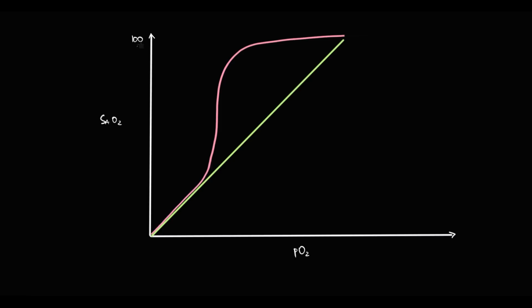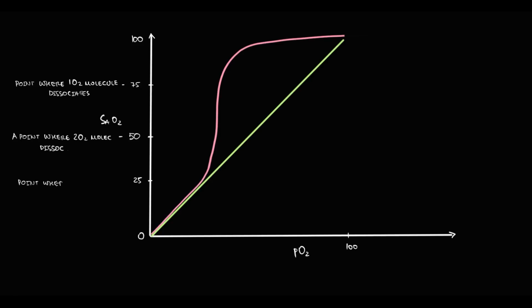In oxygen saturation, we are interested only in points where hemoglobin gives away oxygen. So it's a point where hemoglobin loses the first oxygen molecule and becomes 75% saturated, a point where hemoglobin loses 2 oxygen molecules and becomes 50% saturated, and loss of 3 oxygen molecules makes hemoglobin 25% saturated.